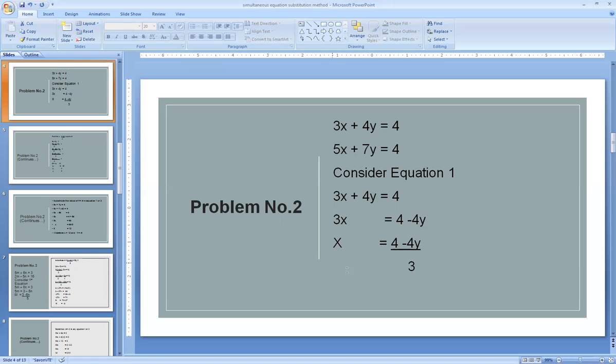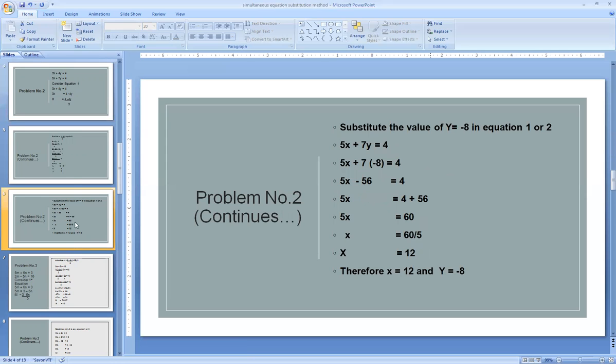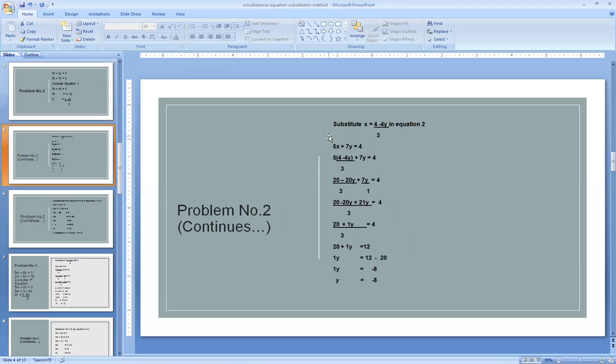This is the value that has to be substituted in the second equation. Now let us go for the further calculation. We substitute x equals 4 minus 4y divided by 3, which we already got with the help of the first equation, into the second equation.